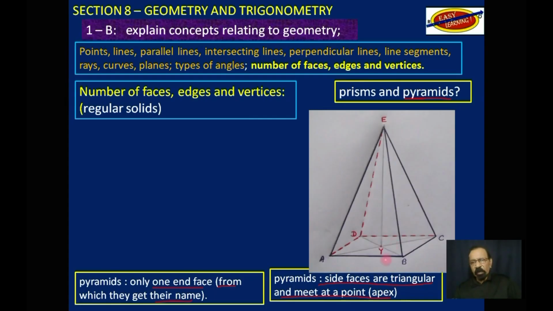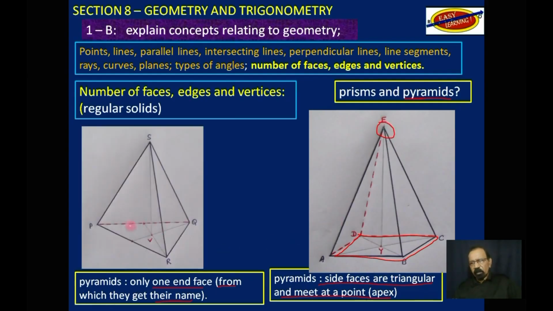So here you have a rectangular pyramid. As you could see, it has one end face down below there. It has some slanted faces that are all triangles, and they meet at the point on the top here. This is a triangular pyramid.